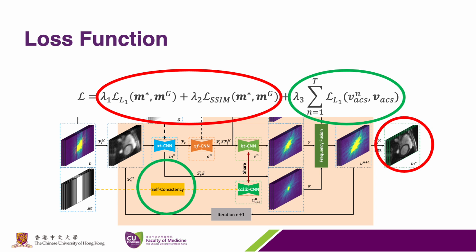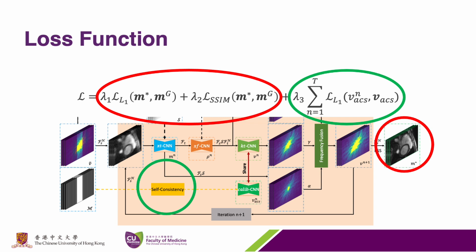We utilize 2 loss functions, L1 loss and structure similarity index measure loss, to minimize the difference between the reconstructed images and the ground truth images, thereby ensuring accurate reconstruction.